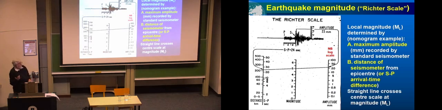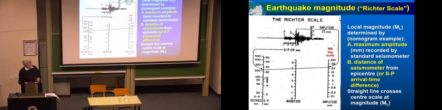So, size of earthquakes. When we talk about the size of earthquakes, you may have heard the term magnitude. And this is a fairly simple diagram. Essentially, in order to measure an earthquake magnitude, first of all, one needs to know the amplitude. I'm having battery problems.